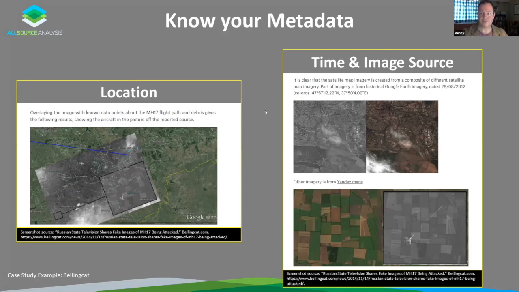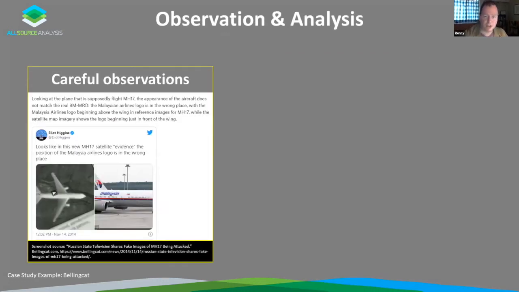Bellingcat went further then. They did careful observation. MH17 is a Malaysia Airlines flight, so they looked at Malaysia Airlines aircraft, and they found that the name Malaysia is located in a particular place on the fuselage of the aircraft, typically over the wing or towards the rear.